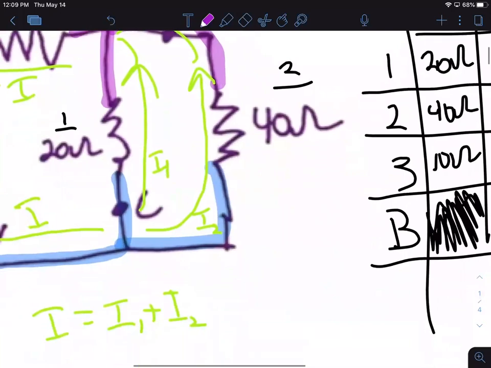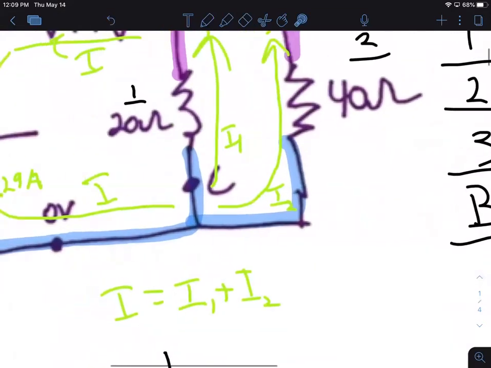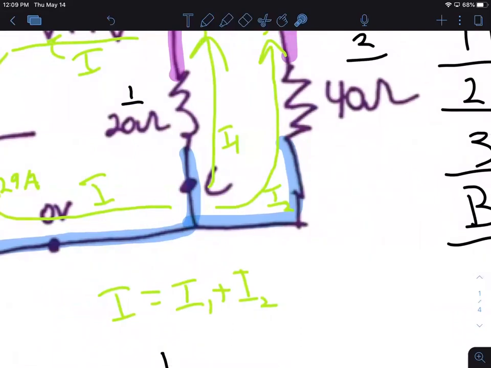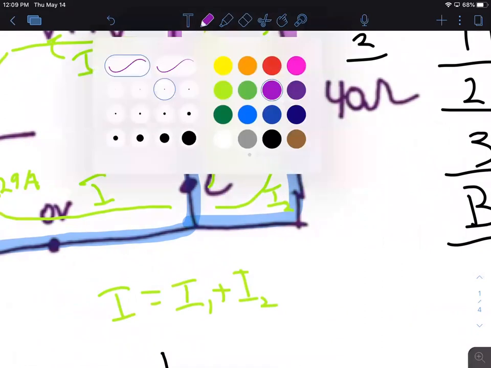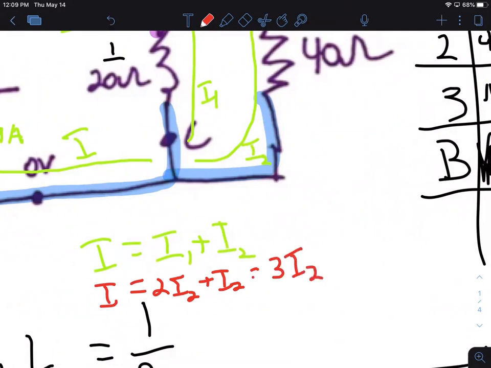1.29. As we wrote here, we said that I1 plus I2 has to be the total I. But looking at this and seeing this as half the resistance, I know I1 has to be twice as much as I2. So I could write, I1 is twice I2. 2I2 plus I2 equals I. So that's 3I2.